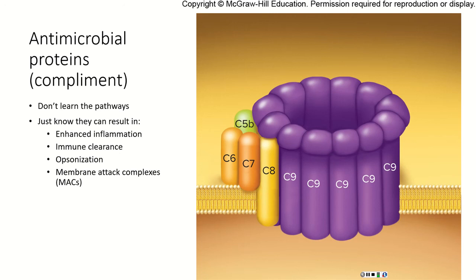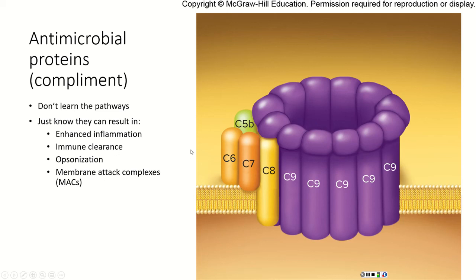There's lots of different things that can happen. And in your book, it talks about different pathways. You don't need to know the pathways. What I want you to know is, what do they result in? And on page 817, it shows the different pathways and all of the different numbers of complement proteins. You don't need to know any of that. I just want you to know what the complement cascade can result in.